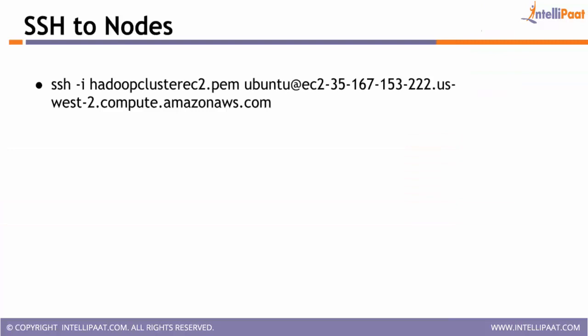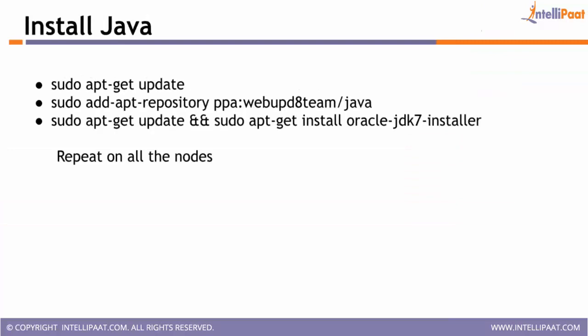For cluster installation, first we have to log into every node and install Java. Java is required because Hadoop uses Java, so we have to install JDK 7 on these machines. apt-get is like an installer for Ubuntu.